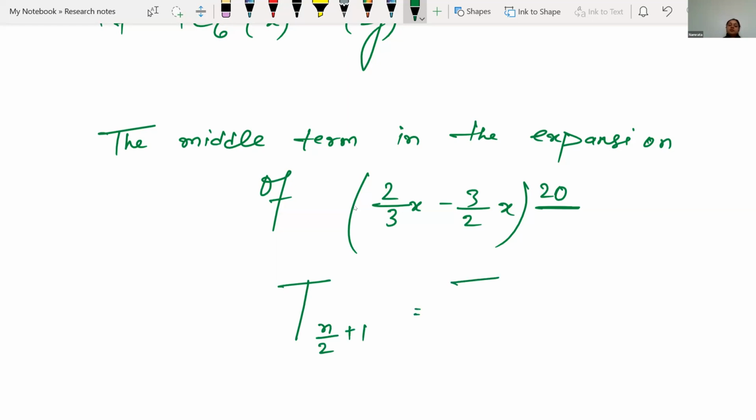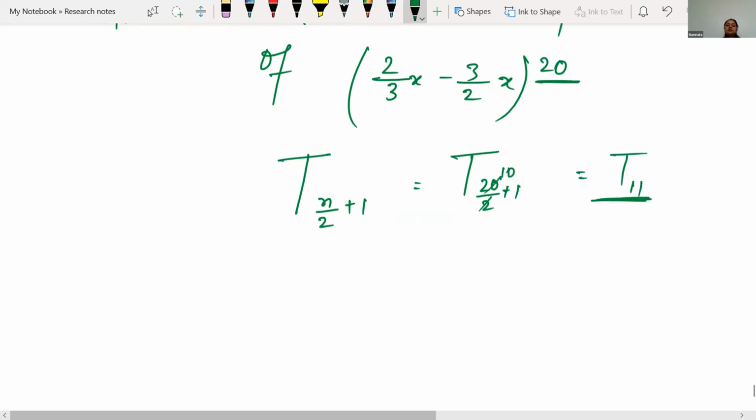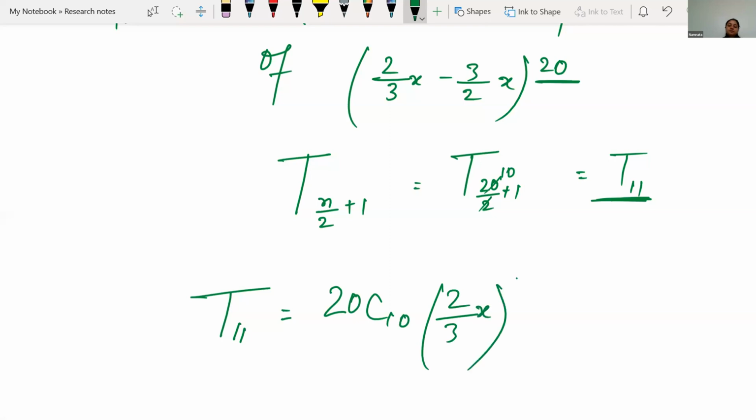Yes, ma'am. That means T of 20 by 2 plus 1, that means T11. And now you know how to find T11, right? Can you please tell me what will be T11 quickly? 20C10, (2 by 3x) to the power 20 minus 10 and (minus 3 by 2x) to the power 10. Perfect. This is how we will be solving the questions.